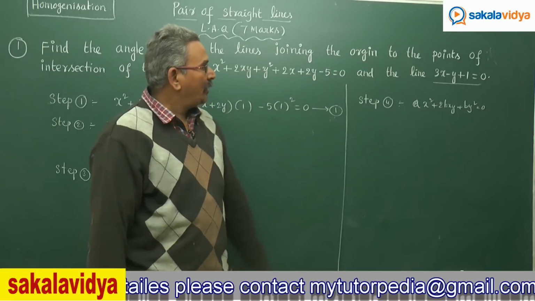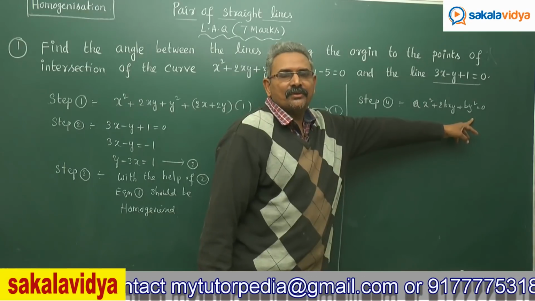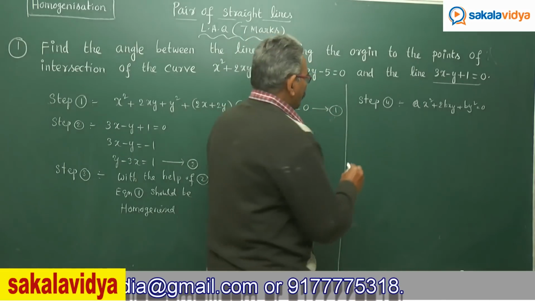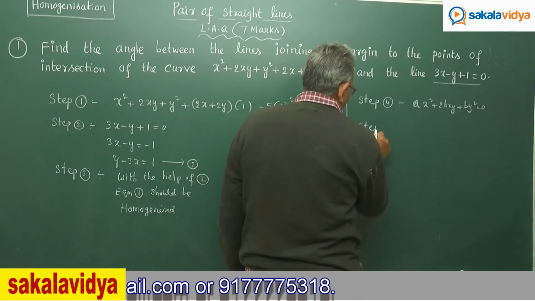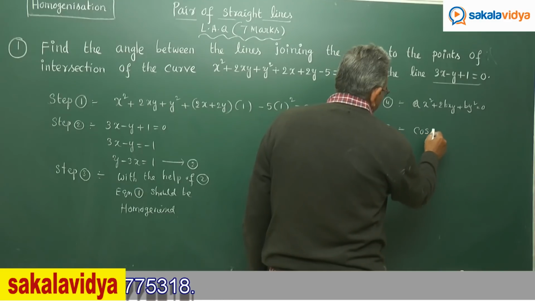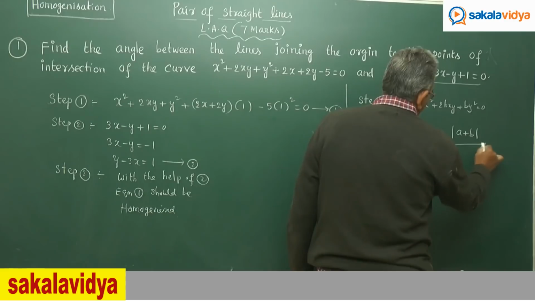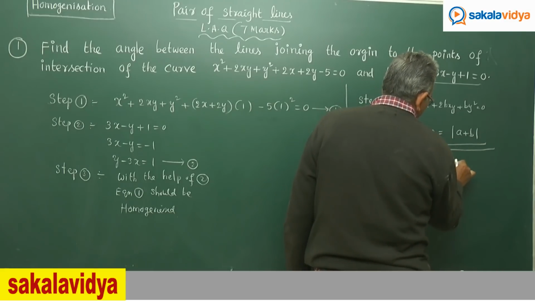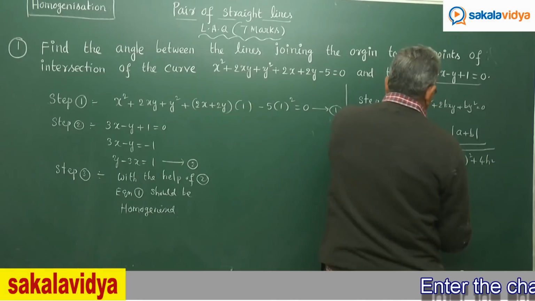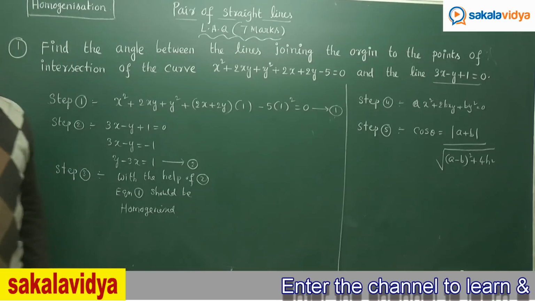As we know, from ax square plus 2hxy plus by square is equal to 0, we can easily find the angle between the pair of lines. That is step 5: we need to recall the formula cos theta equals mod of a plus b upon root over a minus b whole square plus 4h square. With the help of this formula, the required angle can be evaluated.